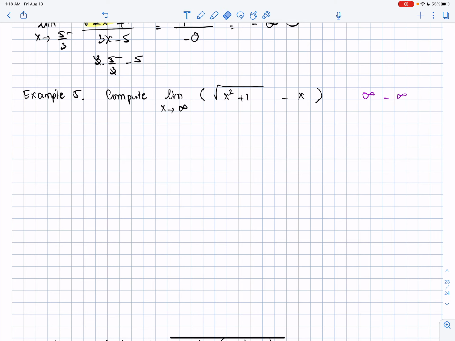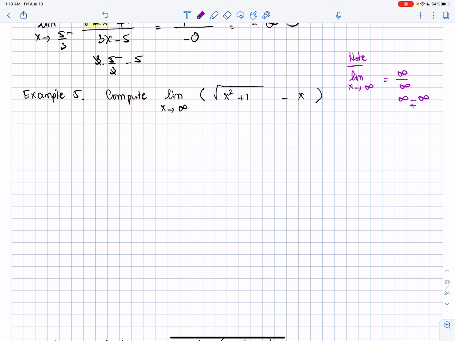So after we did examples 2, 3, 4, and 5, let's write down a note for this. When we want to find the limit as x approaches infinity and you plug infinity into the function, you will have the case where infinity divided by infinity, or infinity minus infinity like example number 5, or even plus.